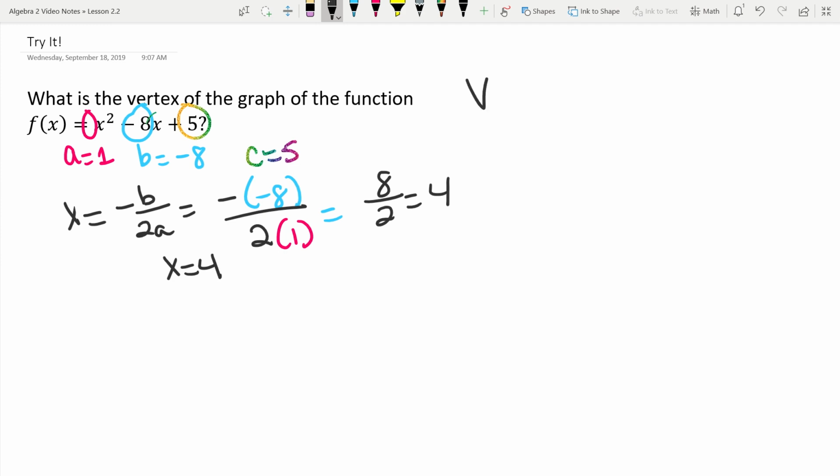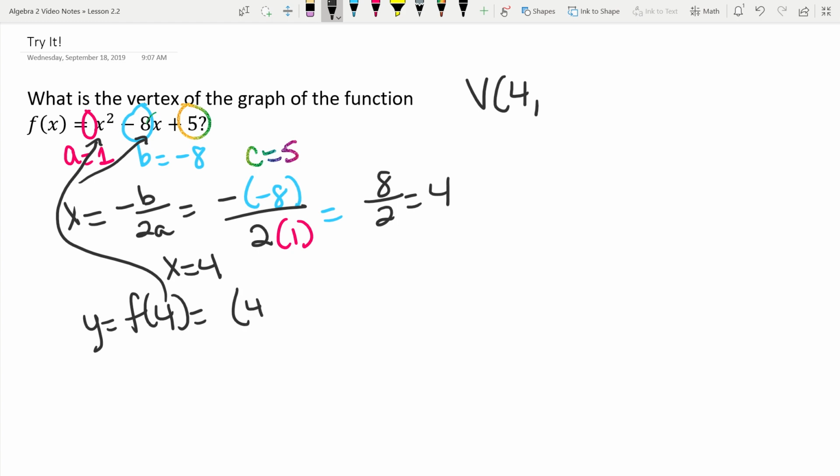So now we know the x coordinate of the vertex, and we need to plug it in to get the y coordinate. So we need f of 4. So this is going to be our y. So y equals f of 4. So we're plugging in the 4 into the x's here and here.